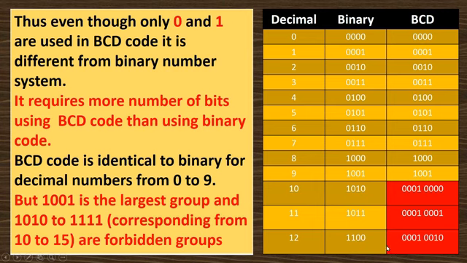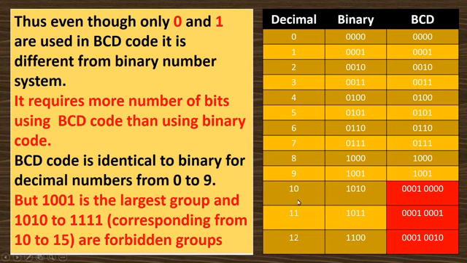But if we have to represent it in BCD, then the equivalent of 12 decimal in BCD will be 0001 0010. Means by writing the separate binary equivalent of digit 1 and the separate binary equivalent of digit 2, we get the total equivalent BCD of decimal 12. Is that clear?